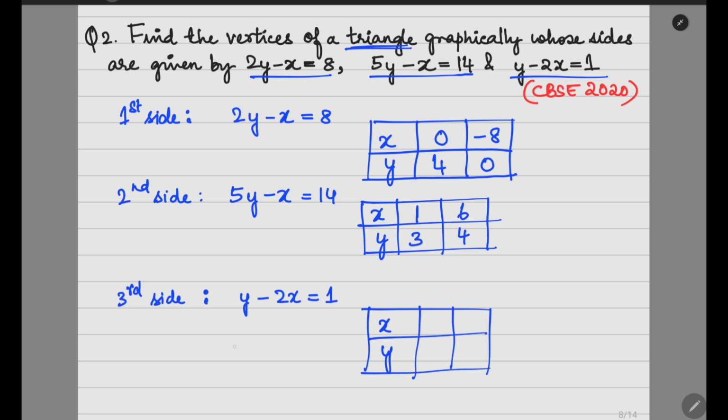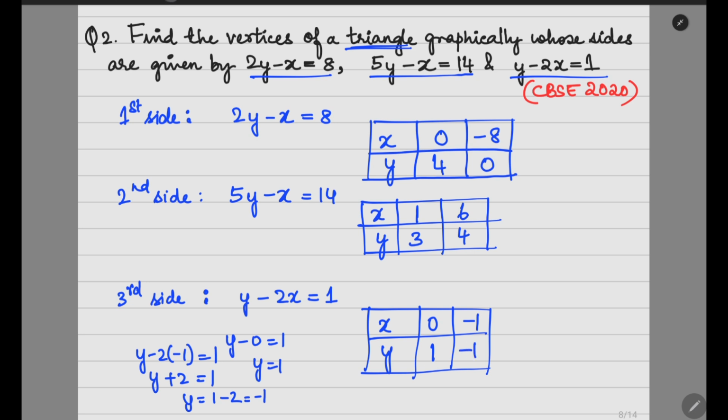Let x be 0. If x is 0, y minus 0 equal to 1, so y equals 1. If x is equal to minus 1, so minus 2 into minus 1, y plus 2 equal to 1, y equal to 1 minus 2, which is nothing but minus 1. So if x is equal to minus 1, y is also minus 1.